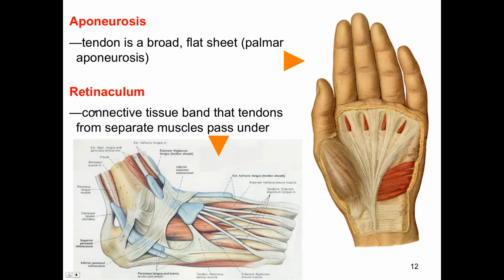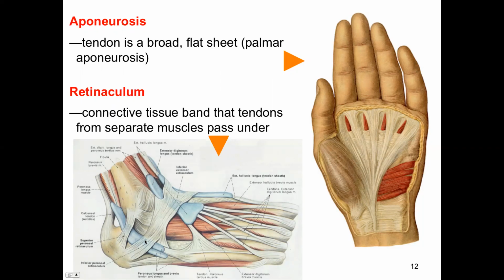But you can also have a very broad sheet of connective tissue that's going to separate tendons from different muscles, and those are called a retinaculum. And here in the foot, you can see that. You also have some of these in the hand that aren't shown on here. Well, they're shown, but they're not labeled. But here you can see some that are labeled. These are not tendons. They're not connecting muscle.